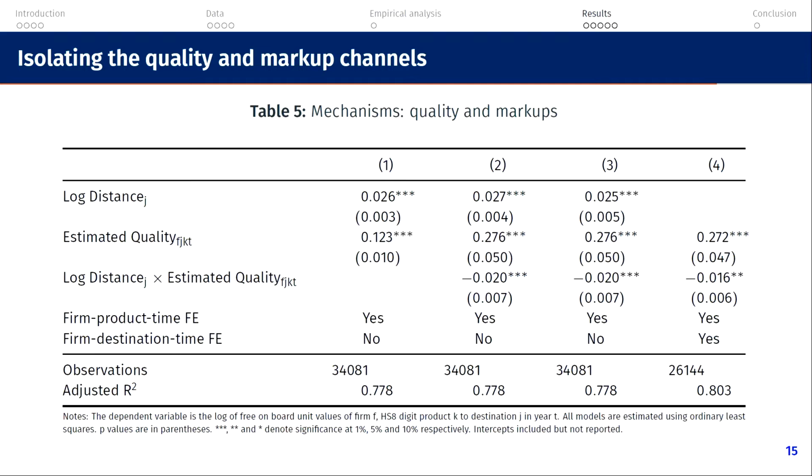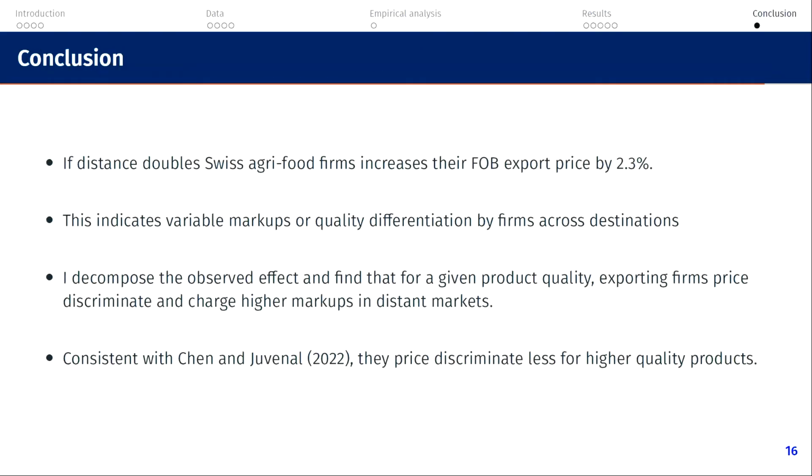So in the end, what I find is that if distance doubles, firms increase their FOB export prices by an average of 2.3%. And this indicates variable markups for quality differentiation. Once I control for quality, I am also able to show that indeed a lot of these variations we see are due to markups.